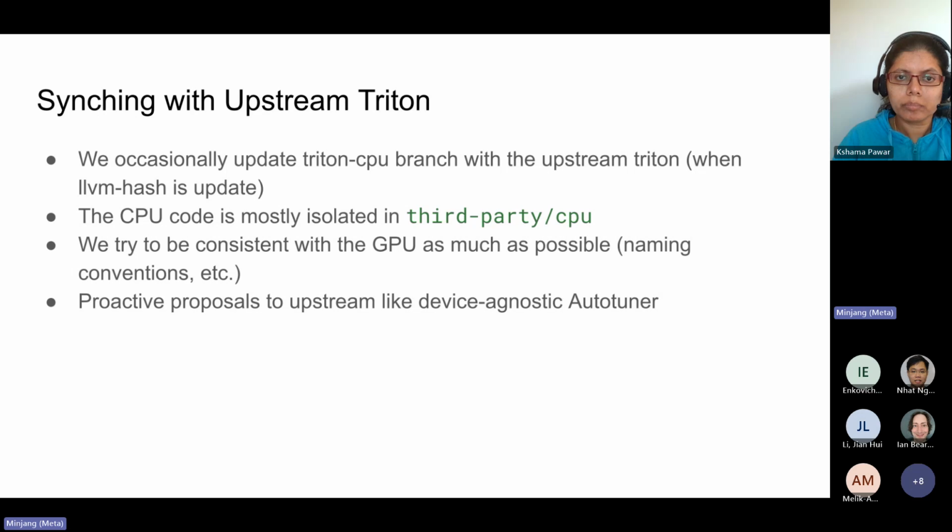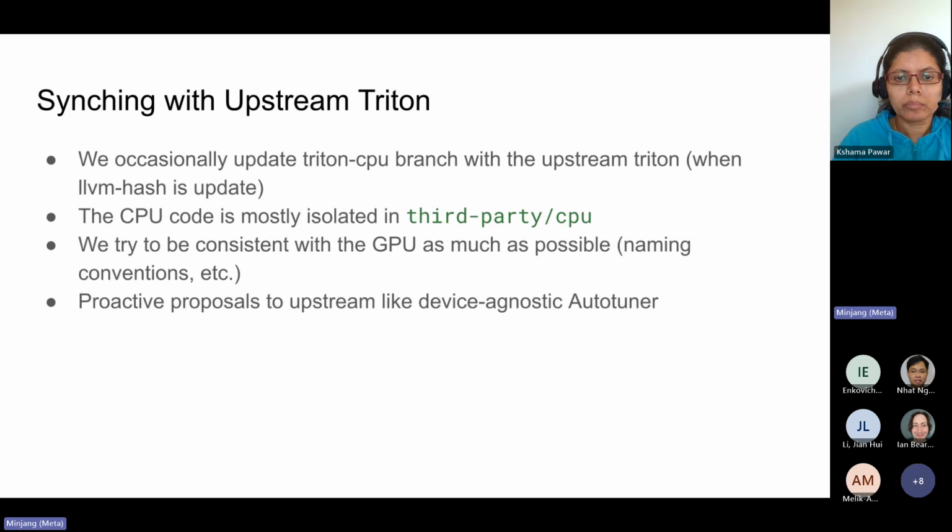Often Triton is too hard coded for only the GPU side. One of the major cases was the autotuner. The autotuner and do_bench are, at this time, hard coded for the CUDA case. So in Triton CPU, I manually changed something to make it work for the CPU as well.